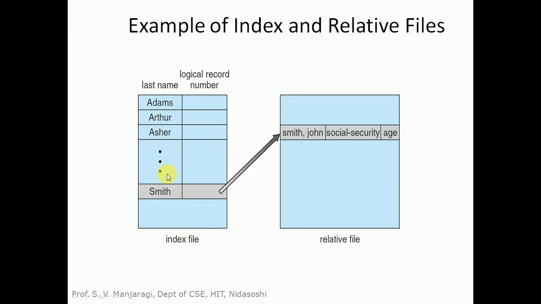The logical record number is basically a pointer pointing to some relative file in the disk, as shown here. Some space is required for storing the index file in the system, so that is overhead.